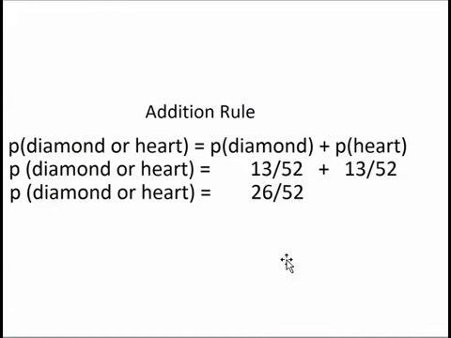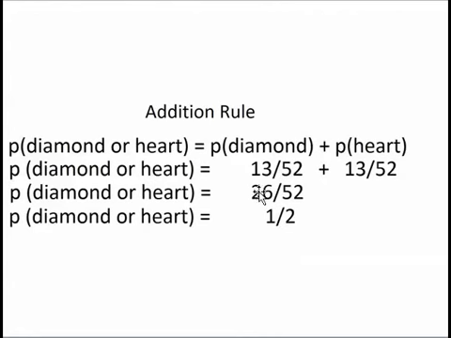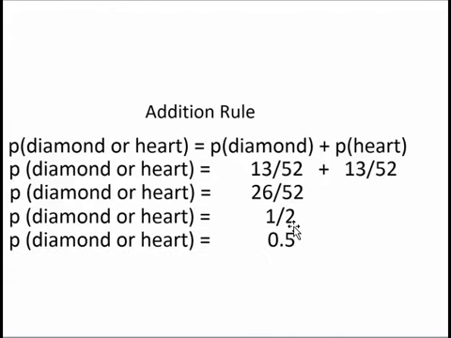Then we could reduce the fraction to 1/2, and divide 1 by 2 to get a decimal answer of 0.5. So when you draw a card from a shuffled deck, the probability of a diamond or a heart is 0.5, meaning there's a 0.5 chance of this or this happening, one or the other.